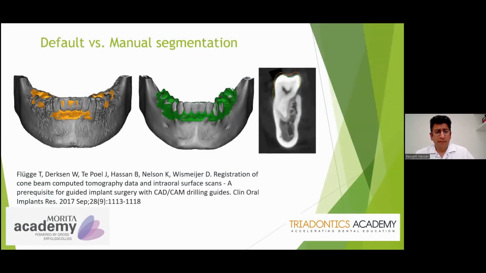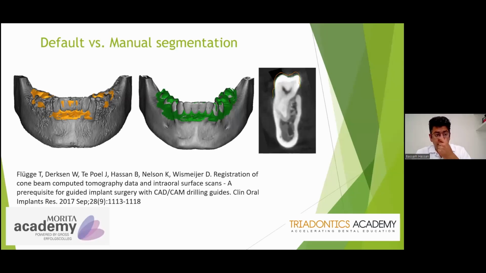In the past, we did a lot of research about the accuracy of the matching, or registration as we call it, between intraoral scan and cone beam CT scan. This was with my colleague, Dr. Flügge, in 2017 or 18, I don't remember. It's a long time ago.